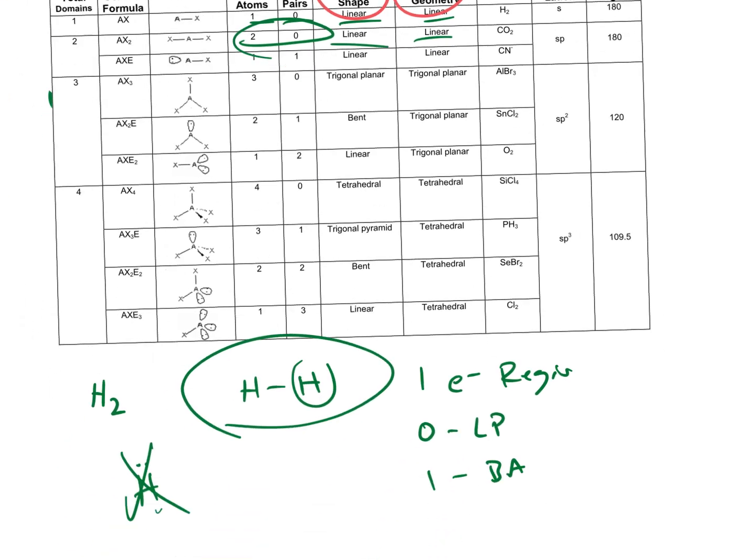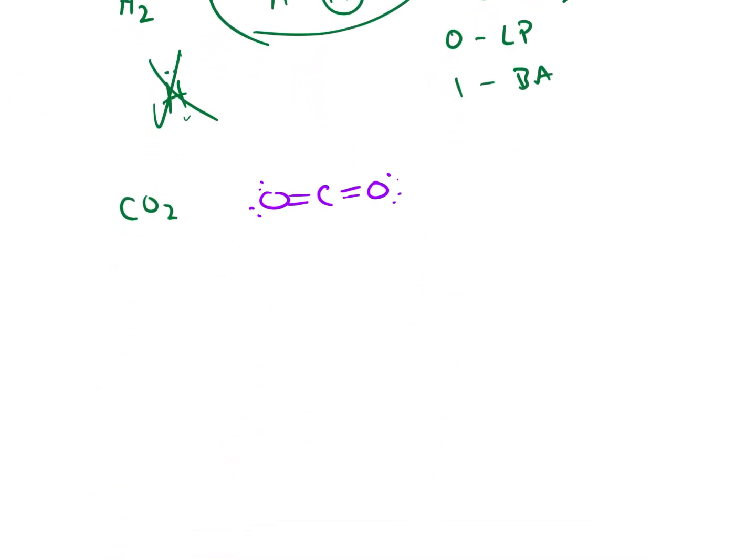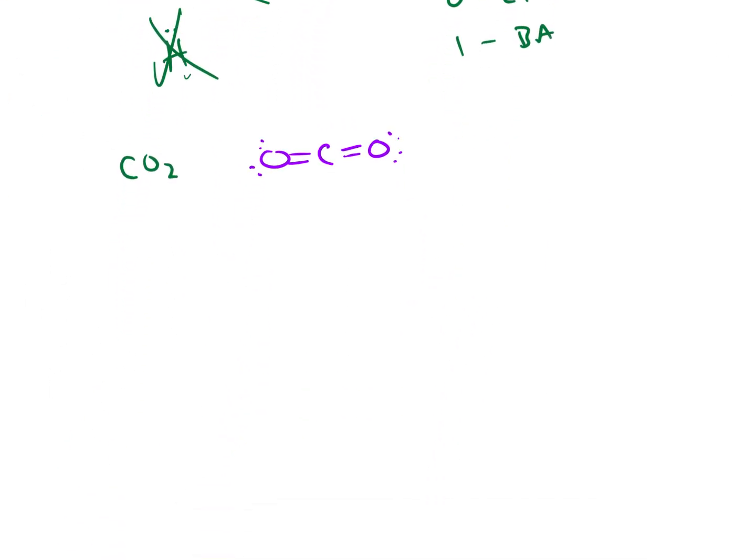Okay. All right, so this is linear in both cases. So the electron geometry and the molecular geometry are both linear, right? Any questions so far? Okay, let's do another one. In fact, let's take a look at this and see something.